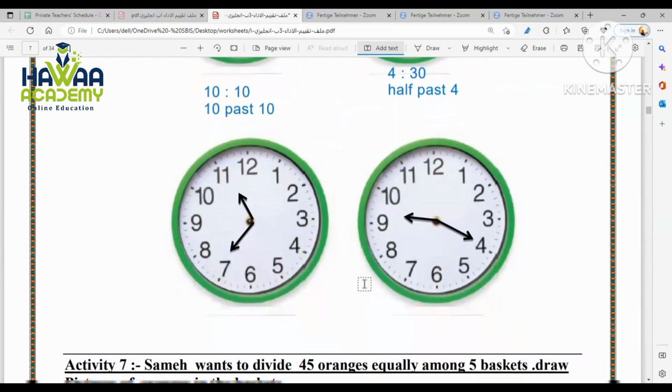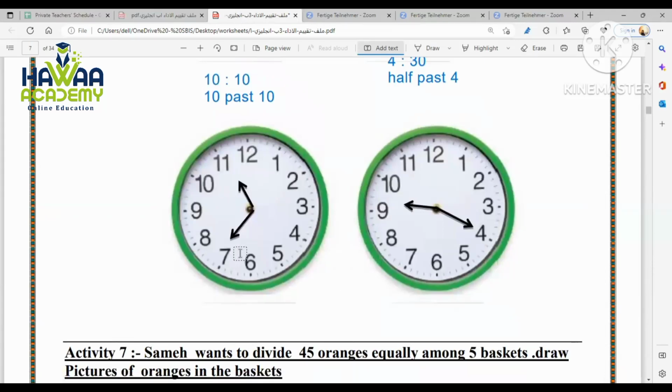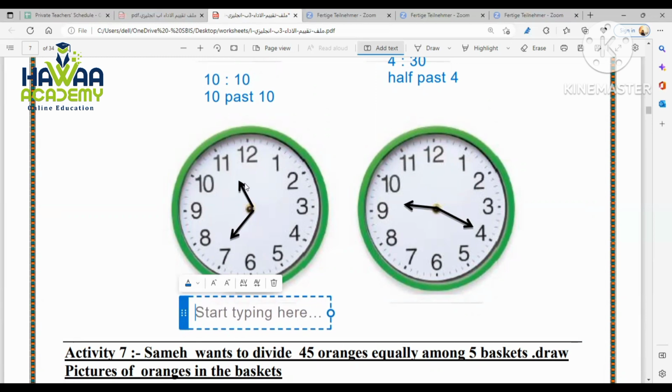Okay, let's see the next part here. Oh, it's a bit tricky one. I have here the hour hand facing 11, but it didn't reach 11 yet. So we still have 10, and it's 35.